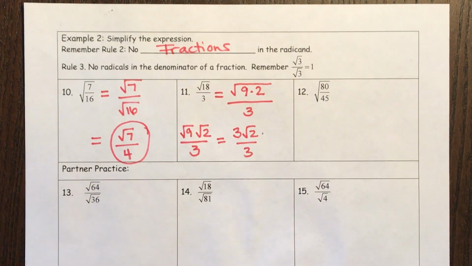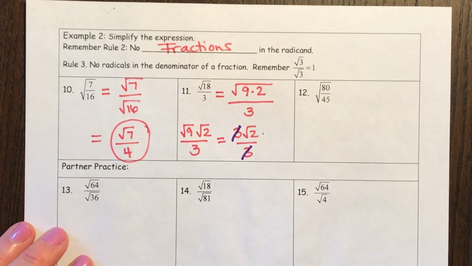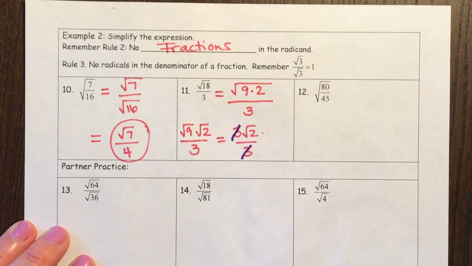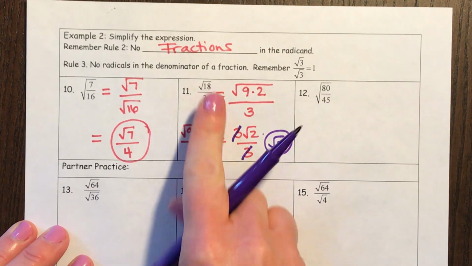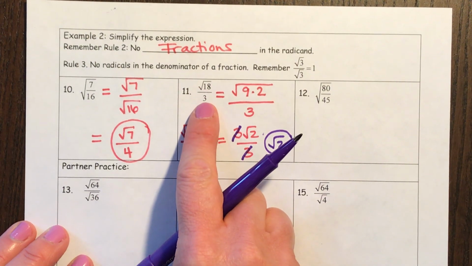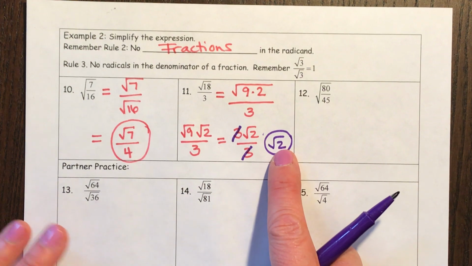And now because my 3's are alike in their term, they're both a whole number, not one a radical and one not a radical. Now I can cancel these because they are alike in their terms, and I'm left with just a square root of 2. It's crazy to me to think that this, if I were to type it in the calculator, is the same as this decimal, but it's true.